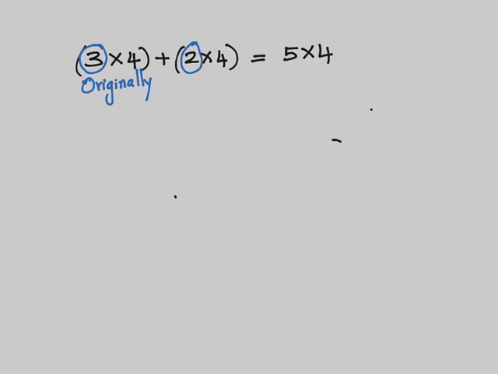And this is the 2 identical rows of sunflowers that he added to the original. So these are the added ones. And we found that 3 plus 2 rows of arrays gives 5 rows of arrays. So this is the new or the total number of rows, right? Okay.